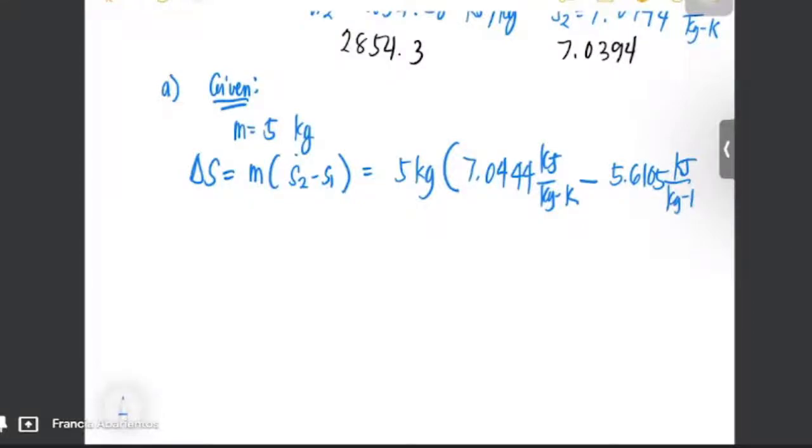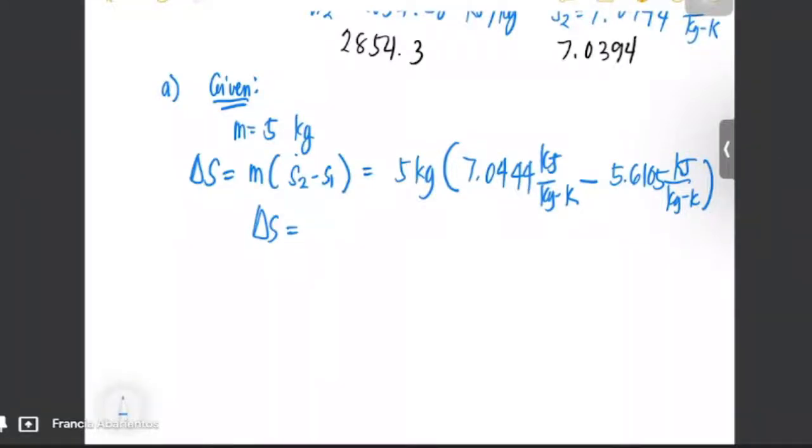Ayan. So compute for the entropy, class, for a given mass na 5. Ayan, answer nyo. Anong units? Double check ko nga. Sigurado? Okay.